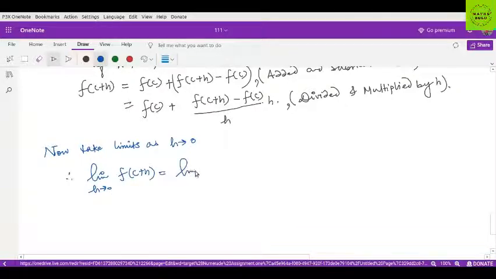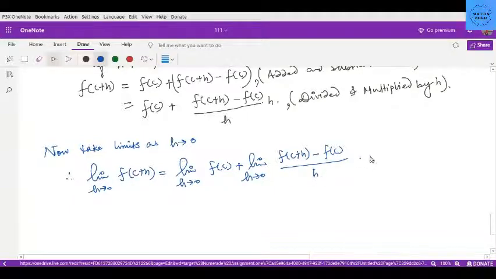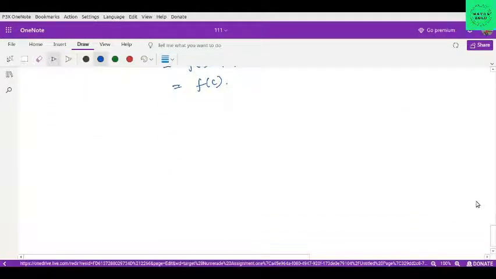This is equal to limit h tending to 0 f of c plus limit h tending to 0 f of c plus h minus f of c upon h into limit h tending to 0 h. So further this is given as f of c plus f dash c into 0, which is equal to f of c.